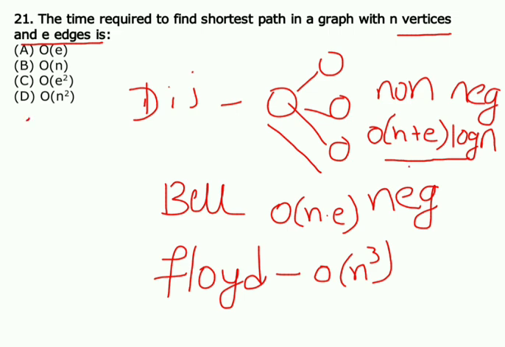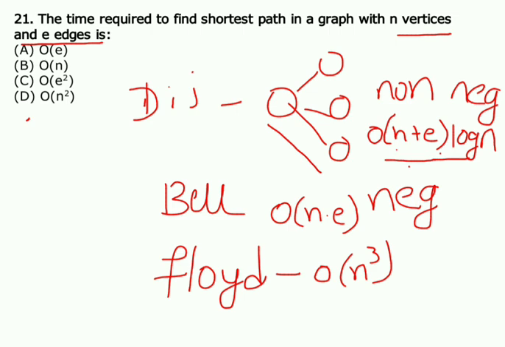Okay. So we will consider the sparse graph and the dense graph. In the case of the sparse graph, the option is big O of e, so here n and e become equivalent. And in the case of the dense graph, the edges will be approximately equal to n square.